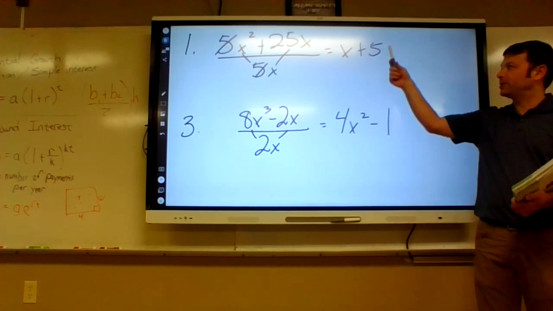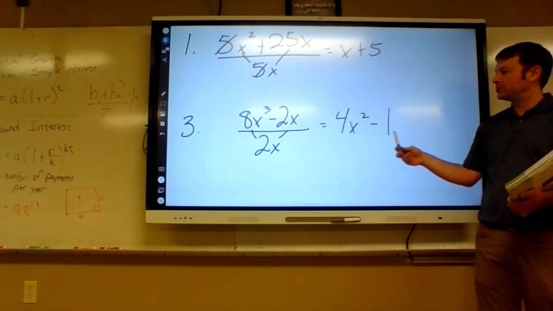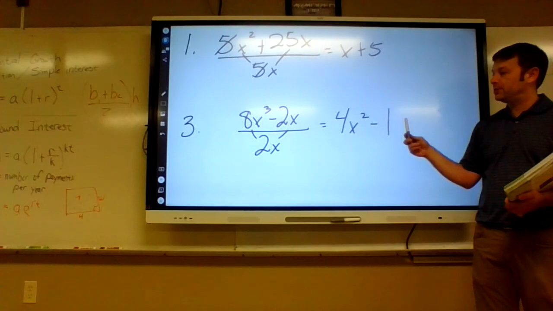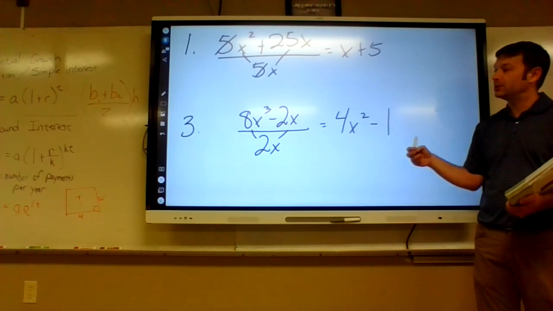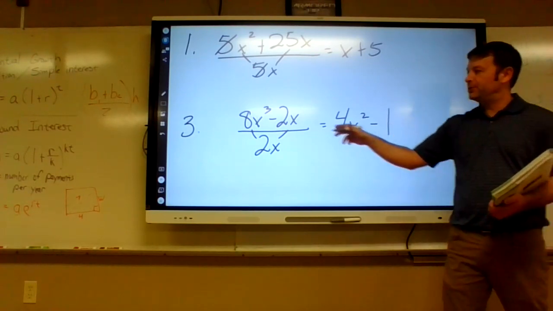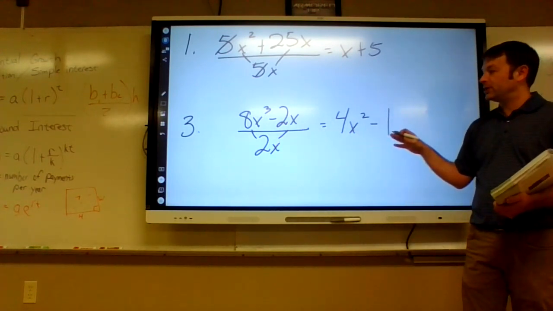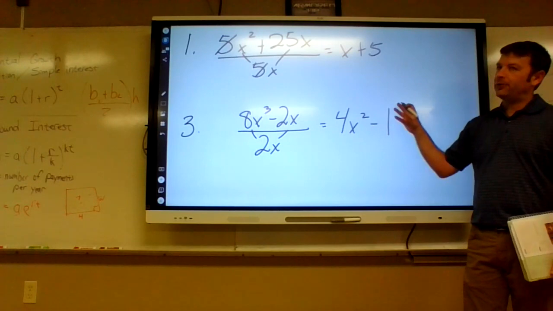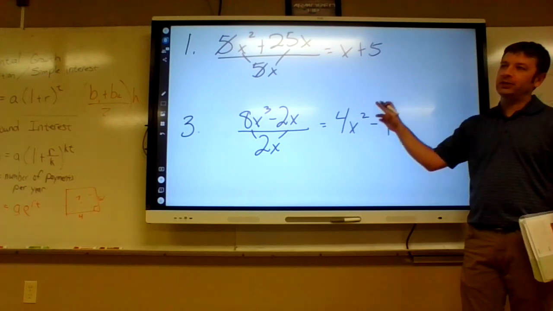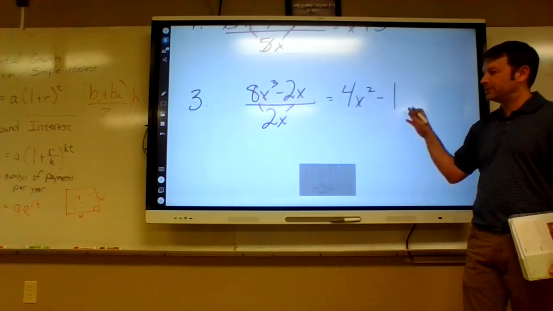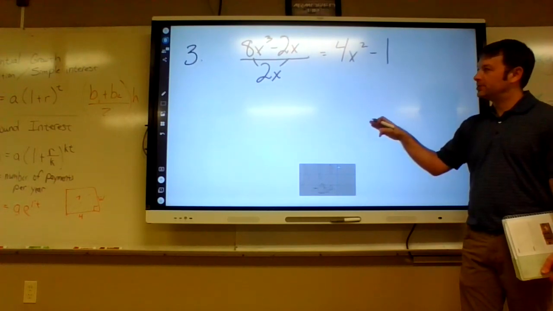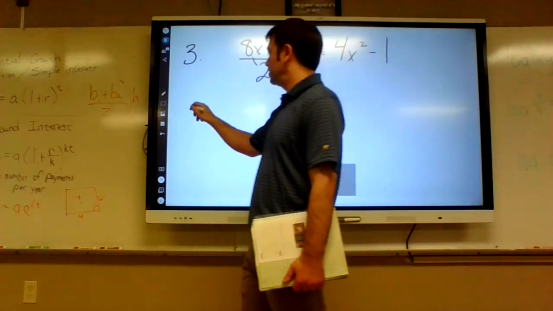Because on this one, 1 times 5 is just 5. But on this one, there is nothing to multiply the 1 with, so it just stays 1. So they do cancel out, kind of, but they leave a 1. People get that wrong sometimes because they just leave that blank. It has to be at least a 1 right there.